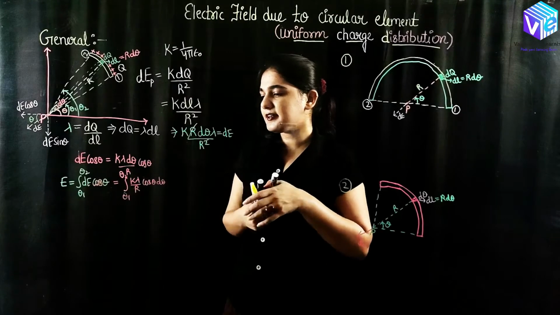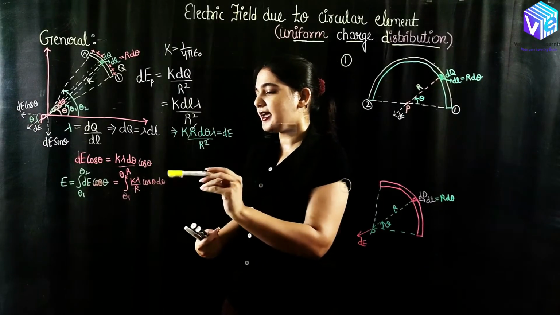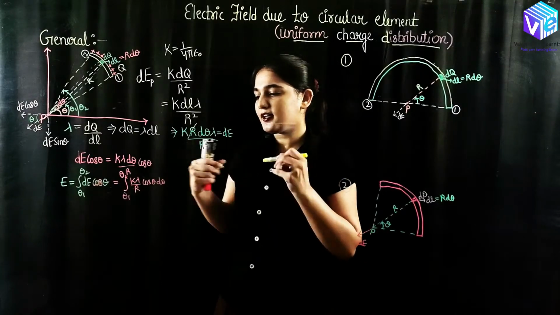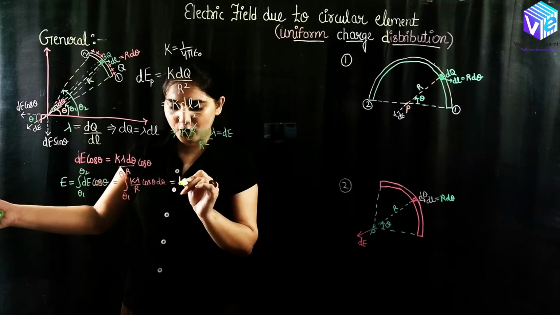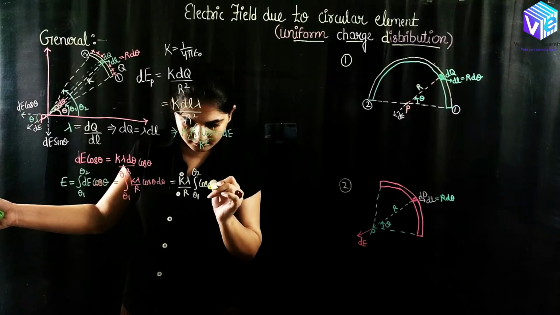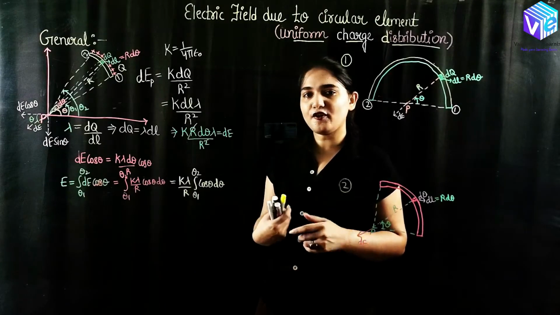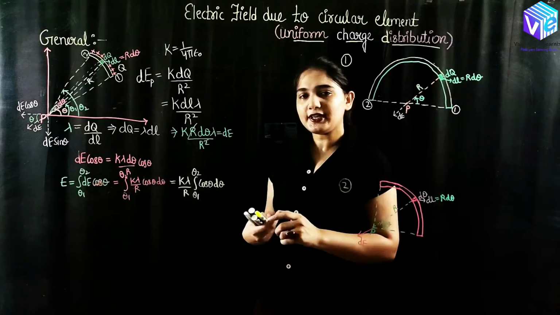Okay, so now I can represent it as integration from theta 1 to theta 2 of k lambda upon r cos theta. So I can take out k lambda upon r. Okay, and we know what is the integration of cos theta, and we will be putting the limits.